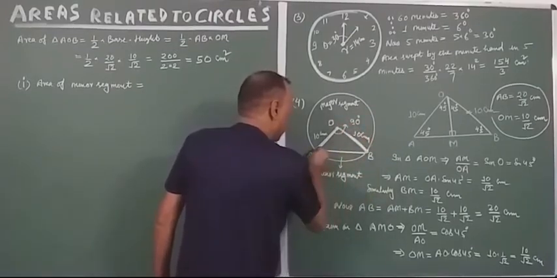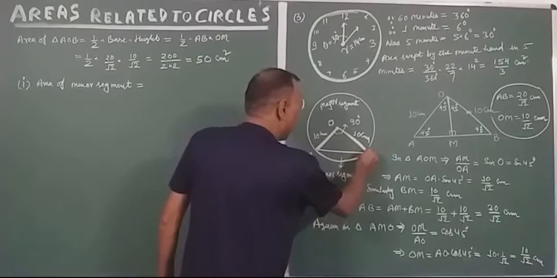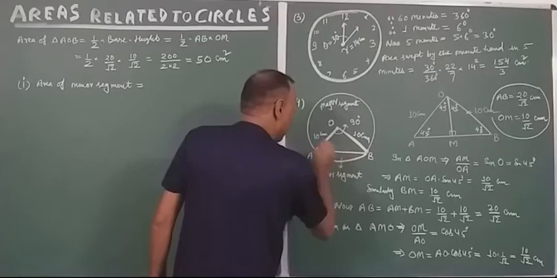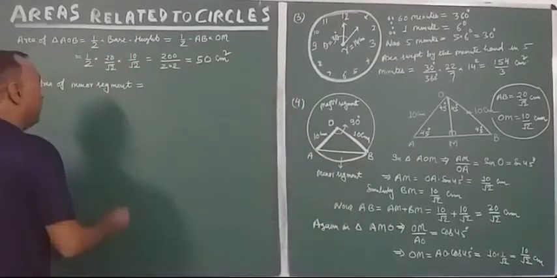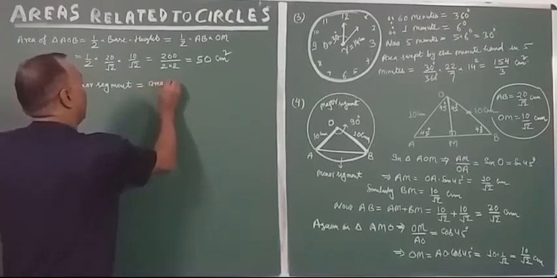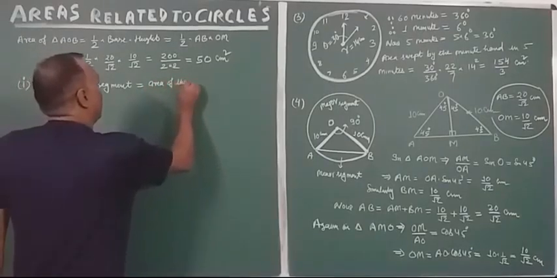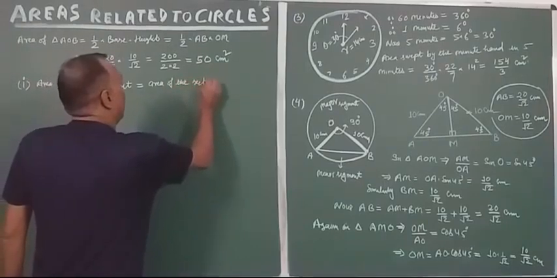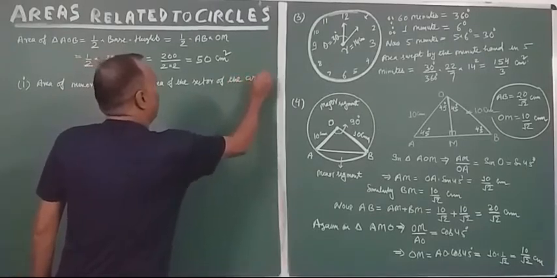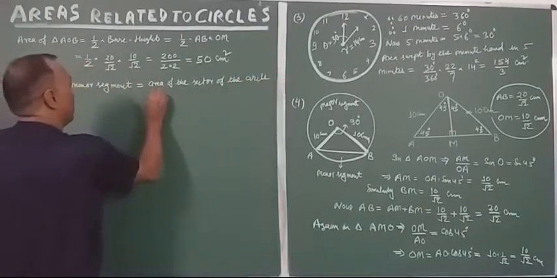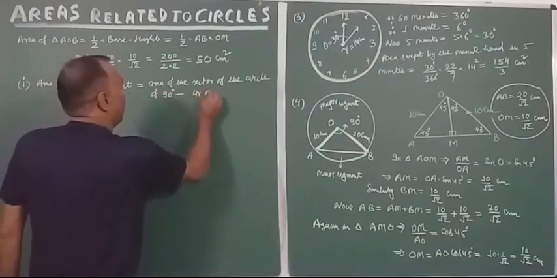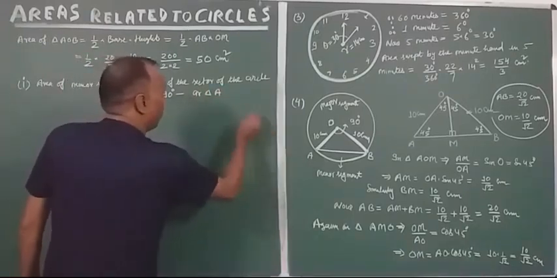If I subtract the area of this triangle from this whole area, this sector of 90 degree, then we will get the area of this minor segment. So that will be area of the sector of the circle of 90 degree minus area of triangle AOB.